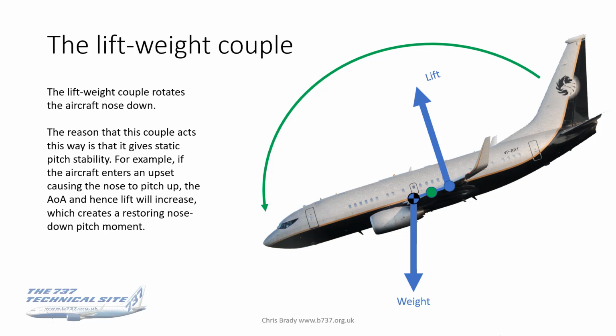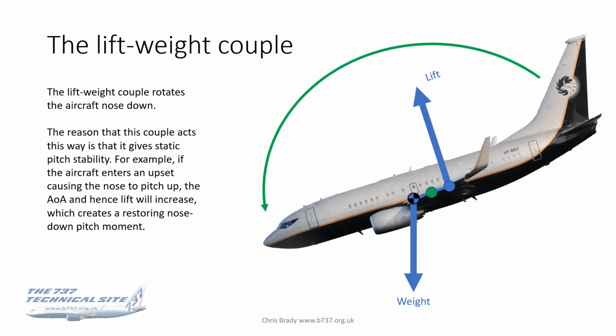The lift and the weight, because of their distance apart, act as a couple, and that couple rotates the aircraft nose down. The reason that it has to act this way round and not the other way around to pitch nose up is that it gives static pitch stability.